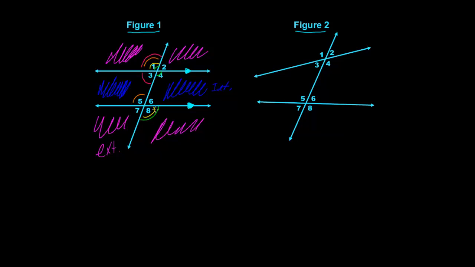So 1, 4, and 8 are all equal. And then if 8 is equal, a vertical pair to 8 would be 5. So we can say that 1, 4, 5, and 8 are all congruent to each other. Same thing can be said for 2, 3, 6, and 7.